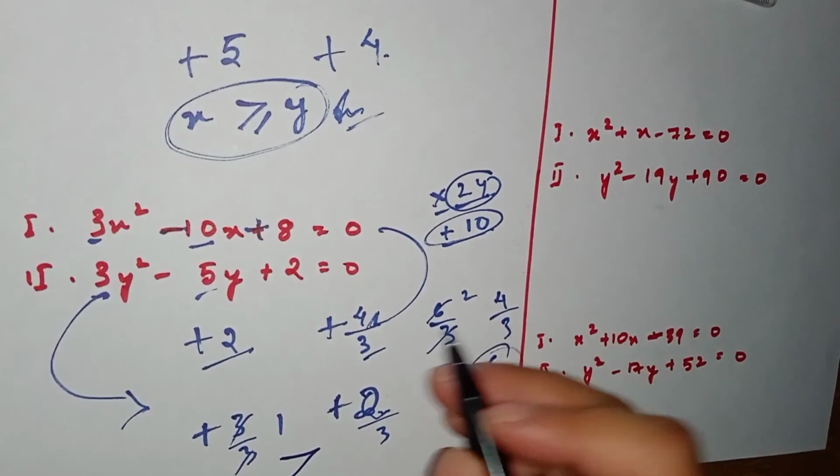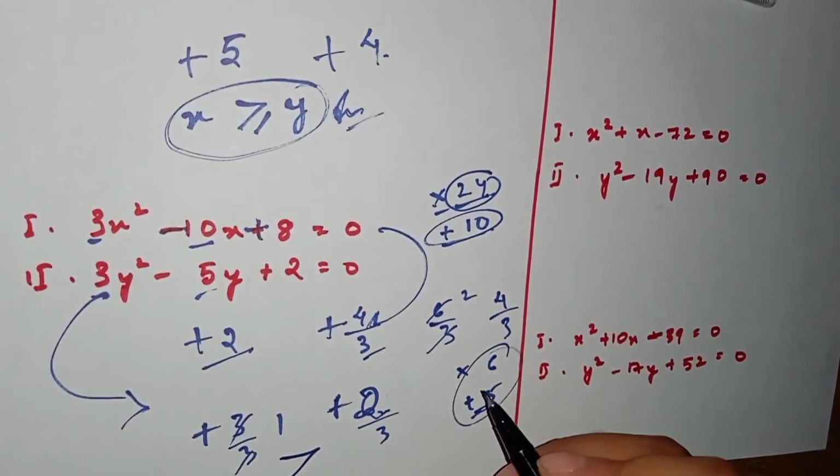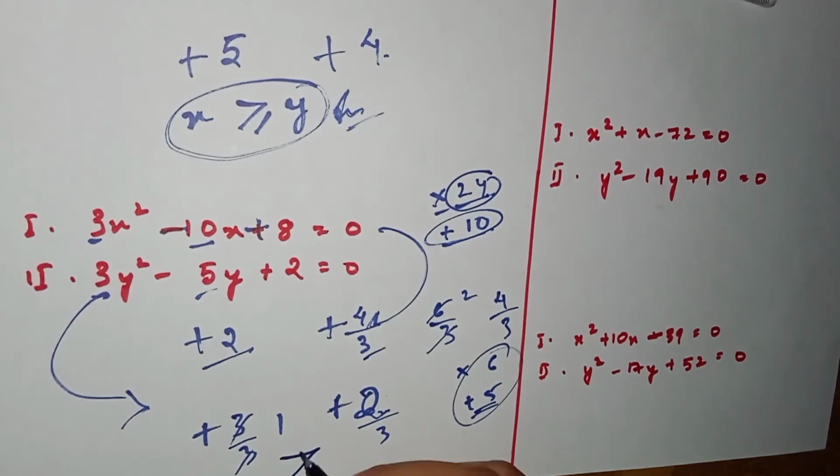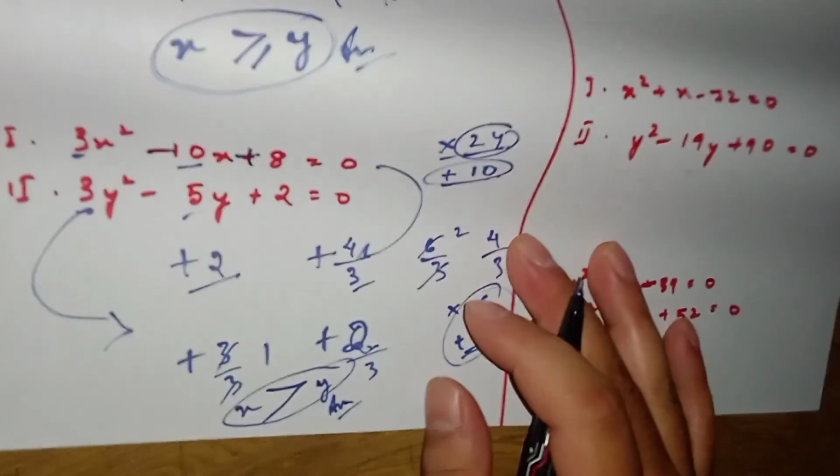And when we compare 4 by 3 with 2 by 3, the sign will remain greater than. So x will always be greater than y. So the answer will come up like this: x is greater than y.